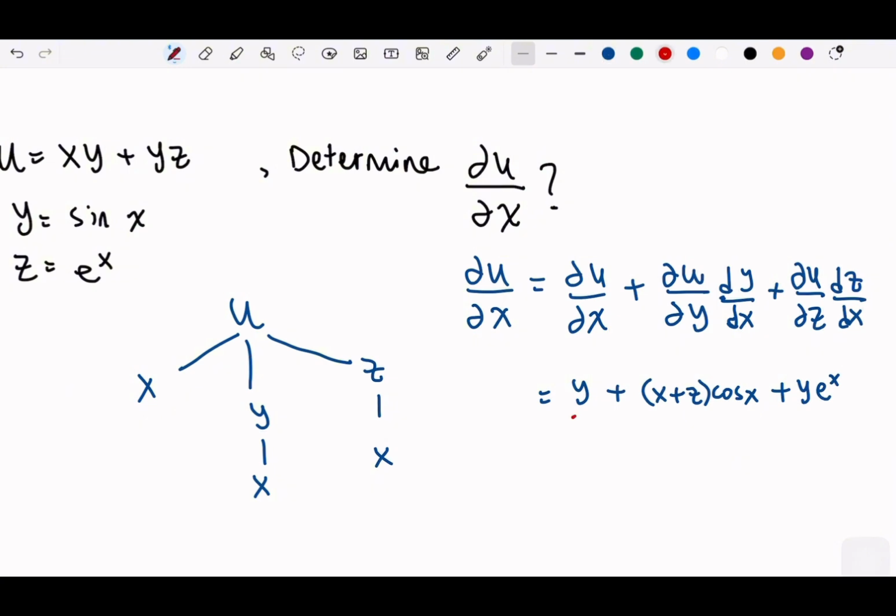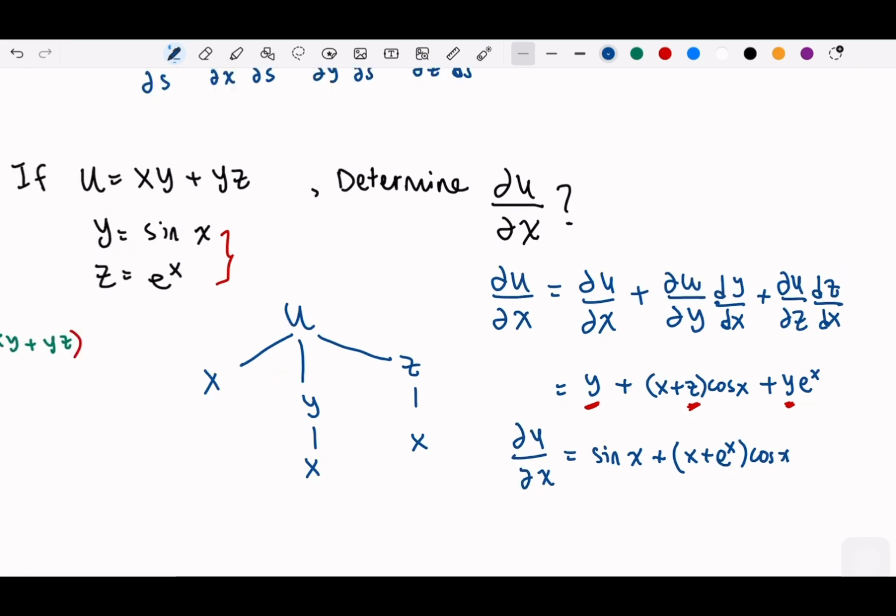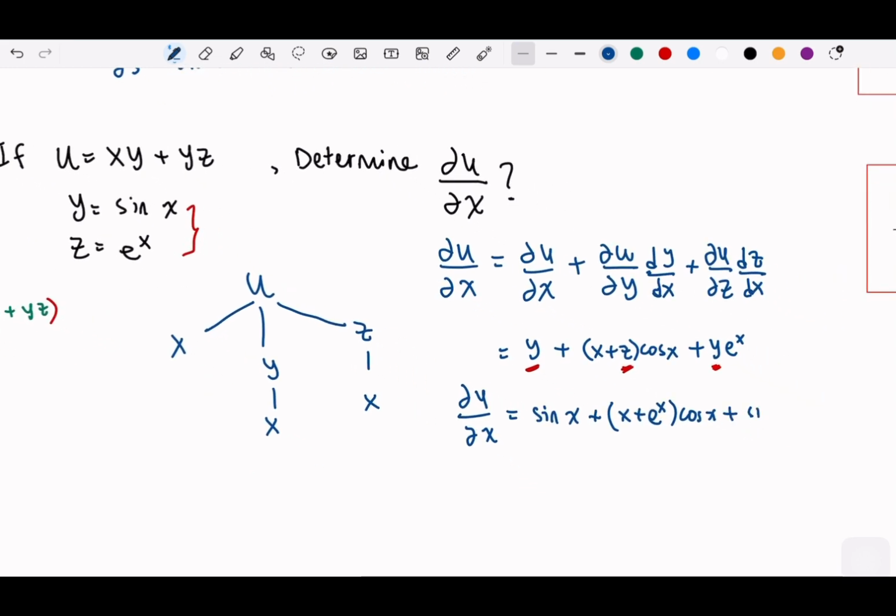And since y and z are related to x, we change all into x. We can compare later with the implicit versions. So let me write this first. This will be sine x plus x plus e, and plus sine x, or let me write e^x sine x.